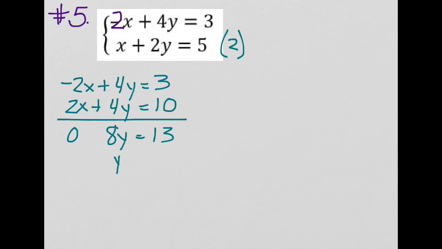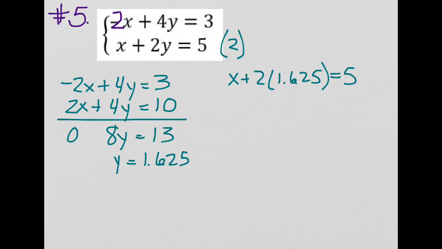We're just going to have a decimal, divide both sides by 8, and I get for y 1.625. Now you're going to plug that number back in, maybe to the second equation. Looks like the simplest one to do. So x plus 2 times 1.625 equals 5.